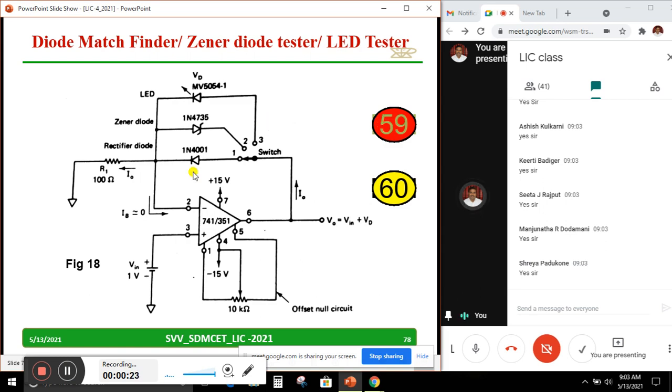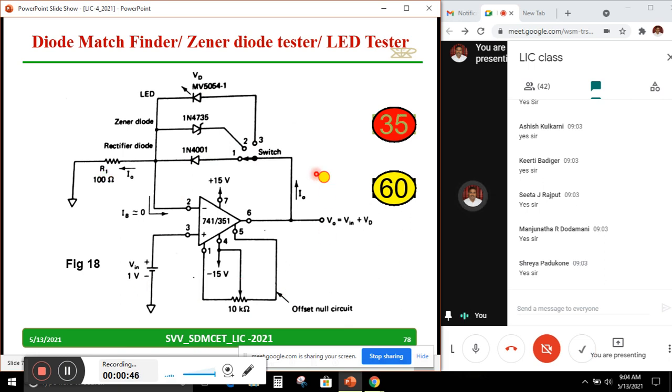Copy down this. Only what we had done changes in this: the RL that was there here, we have replaced by a diode, and we have connected a Zener diode and LED also, using a rotary switch, and the remaining circuit is as it is. Even we have maintained the 100 ohm, 1 volt.